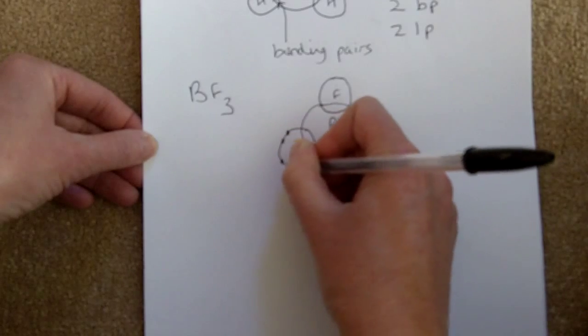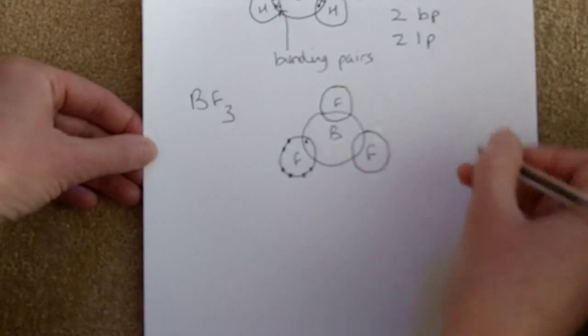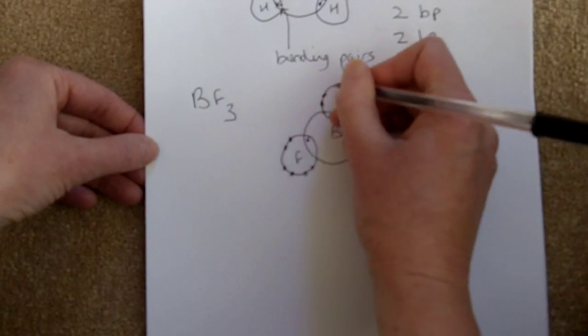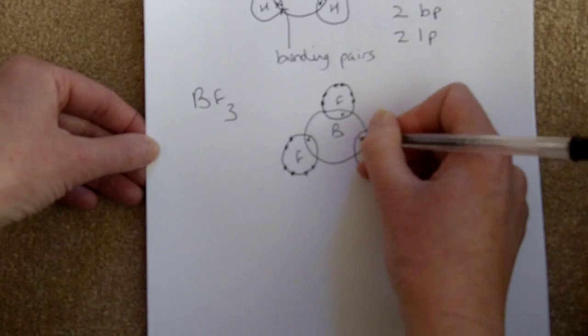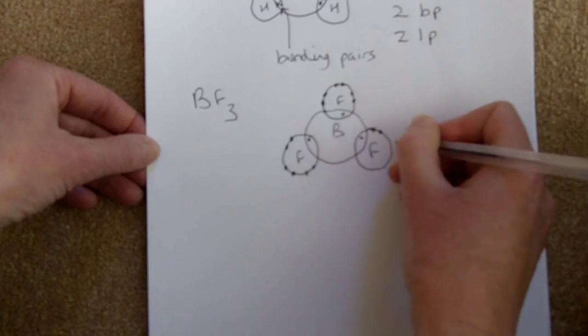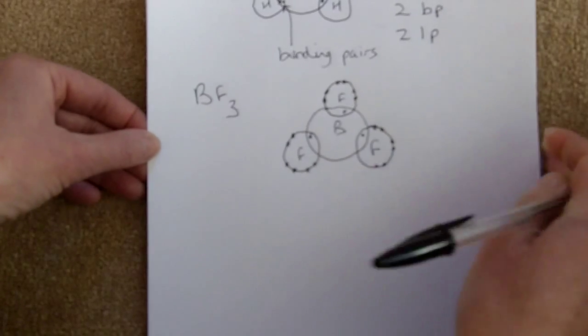You can't miss them out. 2, 4, 6, and then 1 in the shared pair. And you have to do that for each one, otherwise you won't get the mark. 7 electrons, 7 electrons. Doesn't matter whether you use dots or crosses, as long as they're different. The dots are for one and crosses for the other.